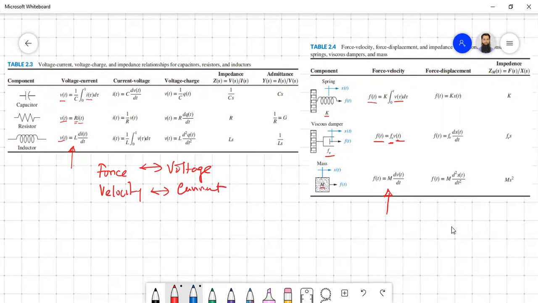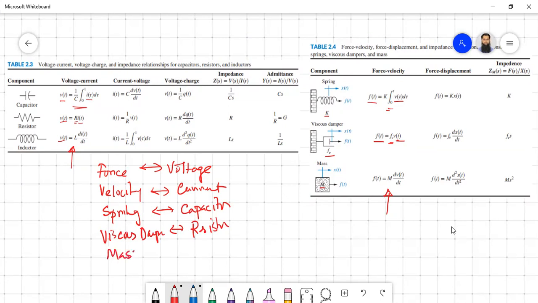Now, the capacitor follows a similar equation to the spring. So basically the spring can be compared with the capacitor. Then you have the resistor. The viscous damper is analogous to the resistor. And the mass is related to the inductor.